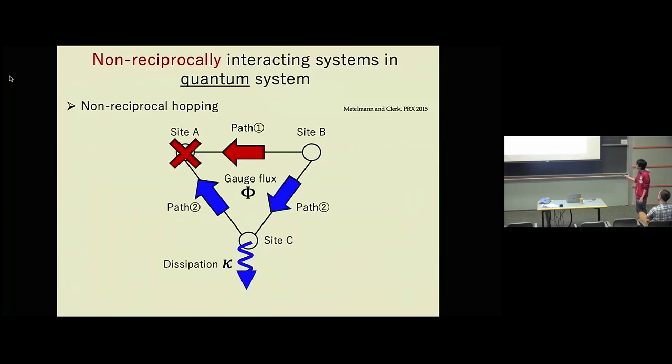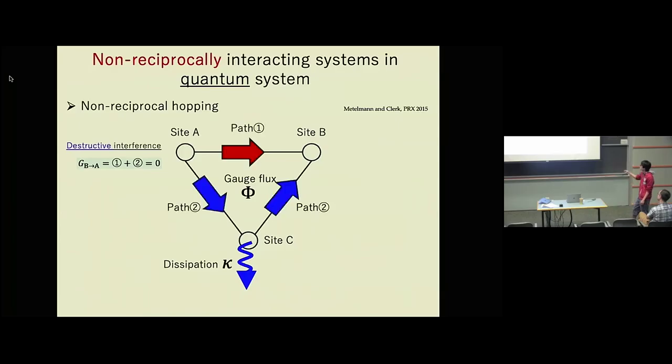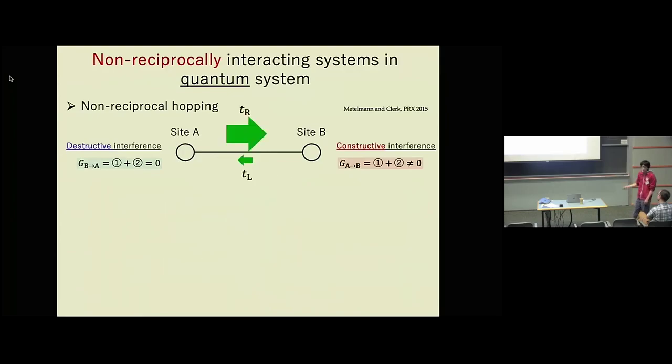Therefore, by tuning the parameter in such a way that this gives rise to destructive interference, you can make this hopping effectively vanish. But because the time reversal symmetry is broken, the other way around is going to give you a constructive interference. And as a result, you get a non-reciprocal hopping.